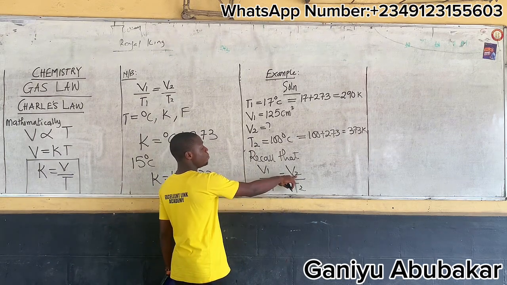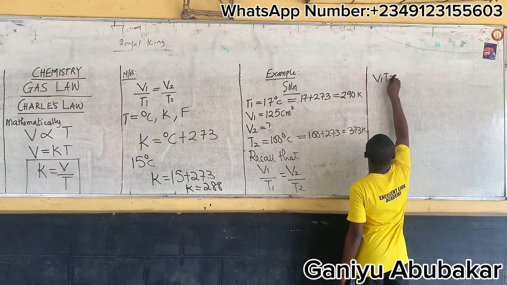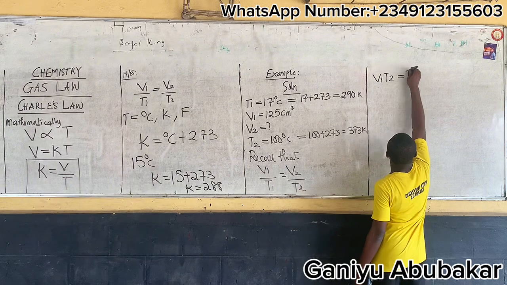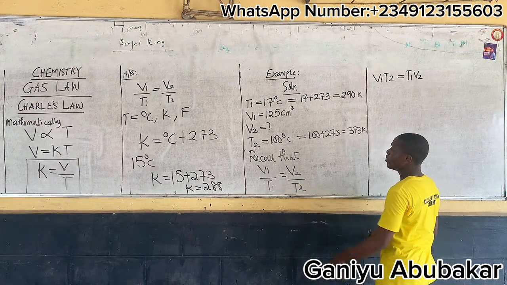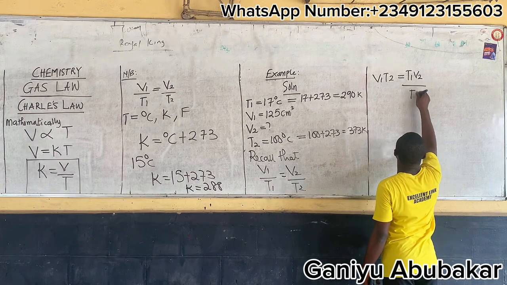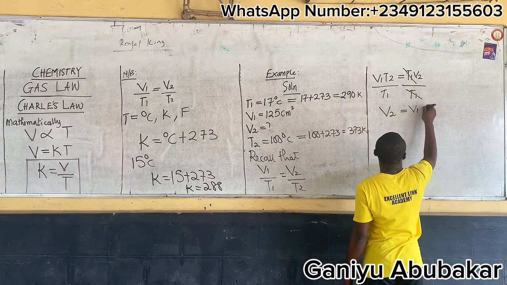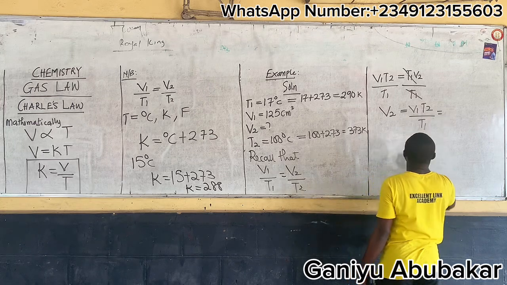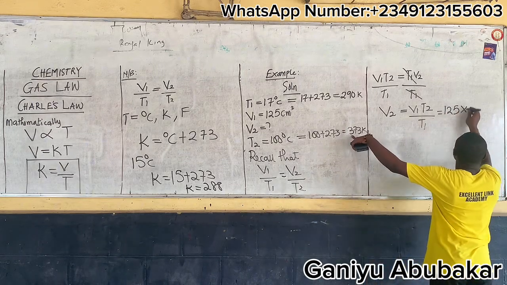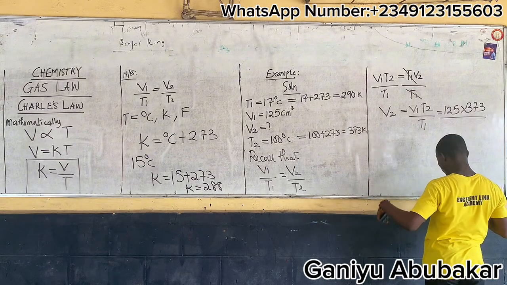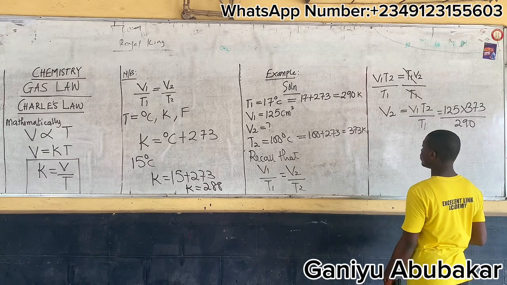I'm looking for V2, so I make V2 the subject by multiplying by T2. V2 is V1 times T2 over T1. V1 is 125, T2 is 373, all over T1, which is 290.